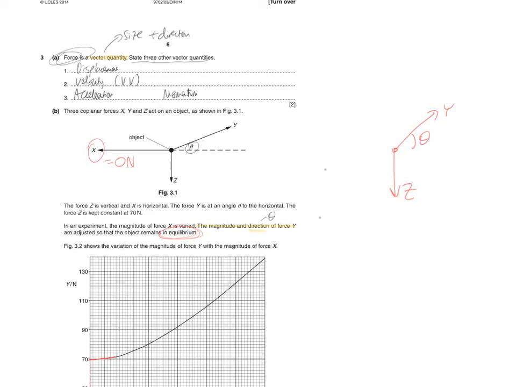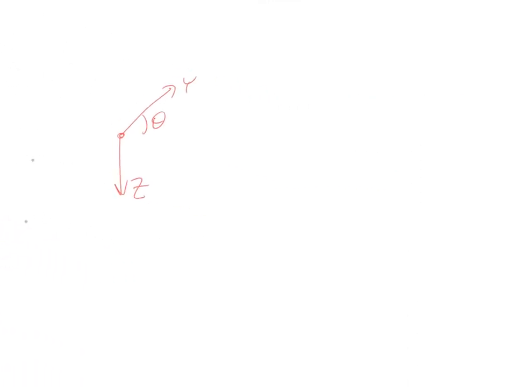Now very quickly you need to see that this needs to be in equilibrium, so it's always worth drawing this out and trying to work out, and it's quite clear that if z is directly downwards, y is going to have to be in the opposite direction and equal in size. So y is going to have to equal z in terms of size, but be opposite in direction. What angle is that? Well, the angle, as you can see in the diagram, is measured relative to the horizontal. So we can see that that angle is going to be 90 degrees.